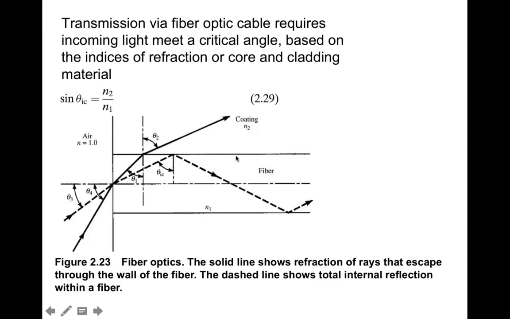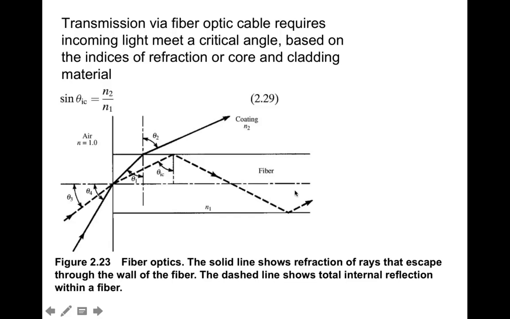And the optical engineer will design the index of refraction of the coating or cladding and the index of refraction of the fiber to be such that when light enters the fiber optic cable, for a lot of angles, you get total internal reflection. So you've met a critical angle. As long as you are below that critical angle, the light basically reflects and stays confined within the fiber.